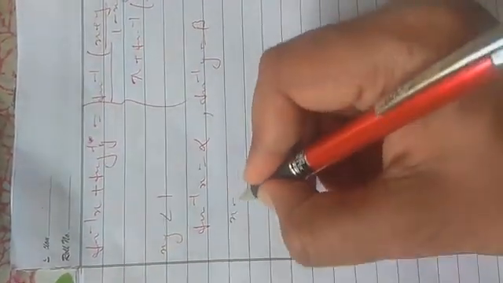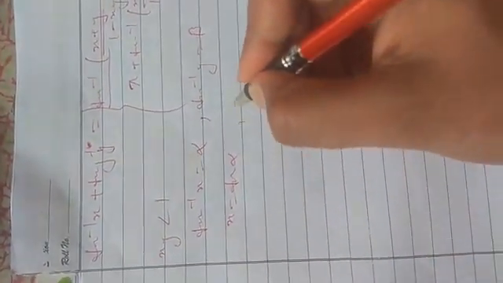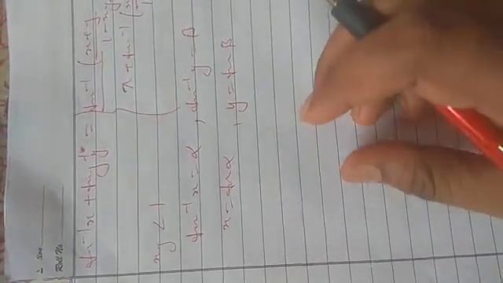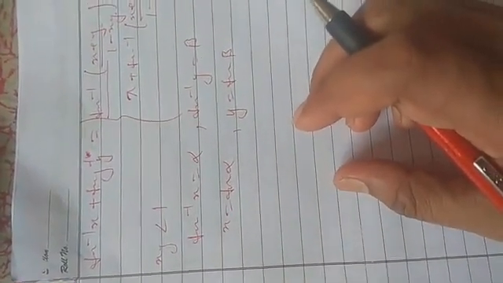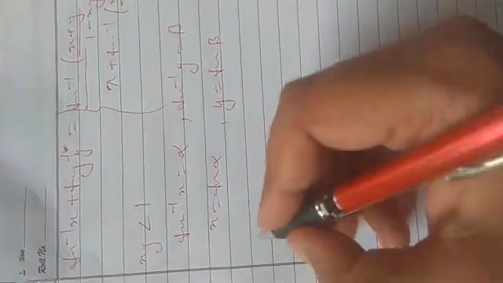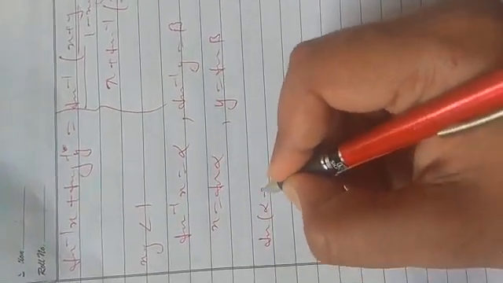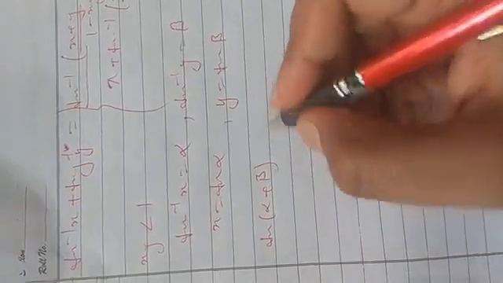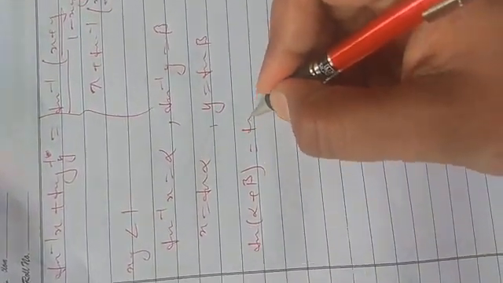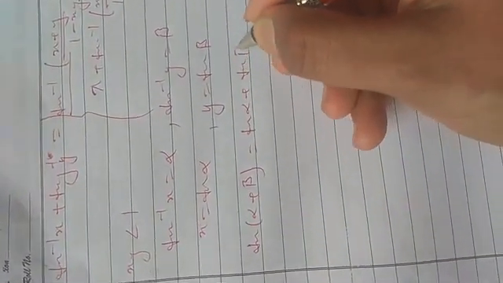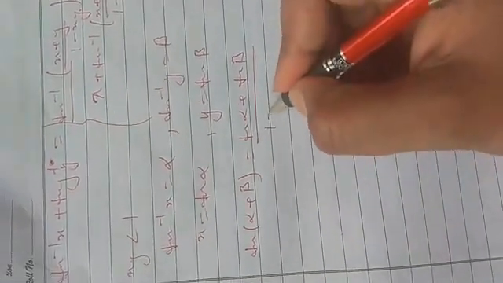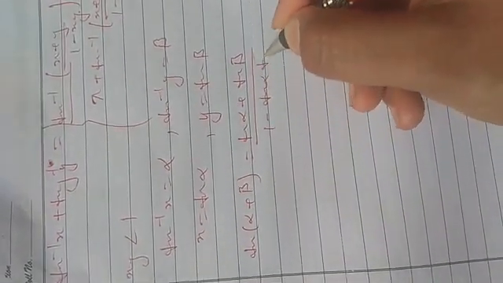Now what we will get: x equals tan alpha and y equals tan beta. Now suppose we take tan of alpha plus beta, then we get the formula: tan alpha plus tan beta upon 1 minus tan alpha tan beta.